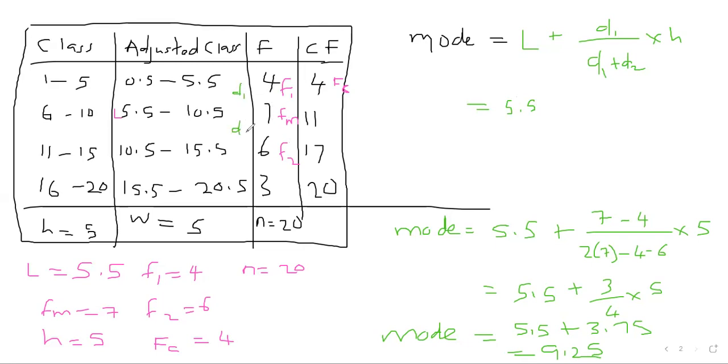So the distance above, from 7 to 4, is 3, over 3 plus the distance downwards, 7 minus 6, which is 1. The height is still 5. So this is 5.5 plus 3 over 4 times the height. Remember, we've come back with the same thing here. Is that clear?